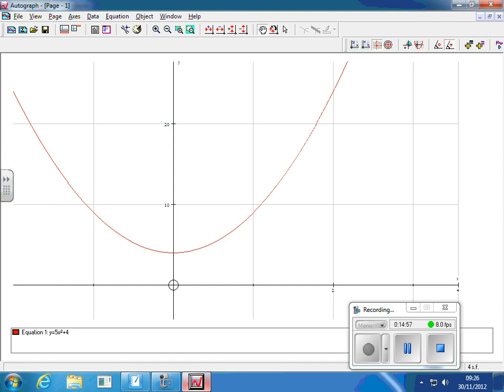What this is saying is that if I integrate this function, I can find the area under the curve.